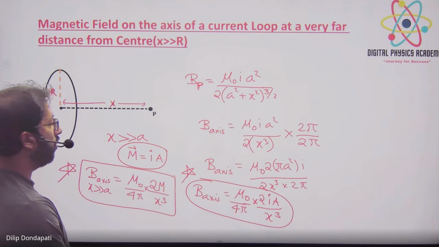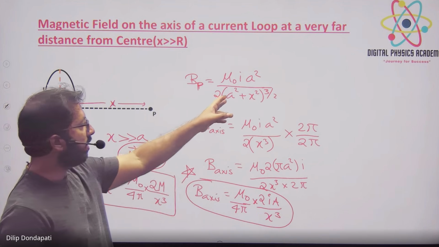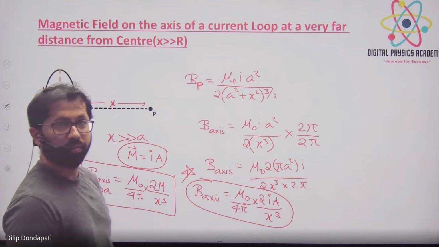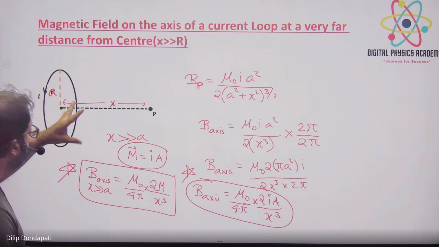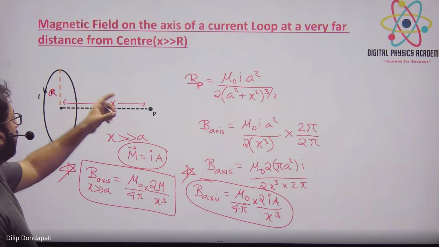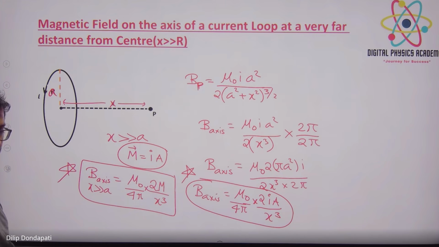Okay. So can we use this dipole formula when a is not that small? No, we can't use it, because we cannot neglect a there. So at that time we can't use it. This works only when it is acting like a dipole, only when x is much greater than a. Okay, so what is the direction?